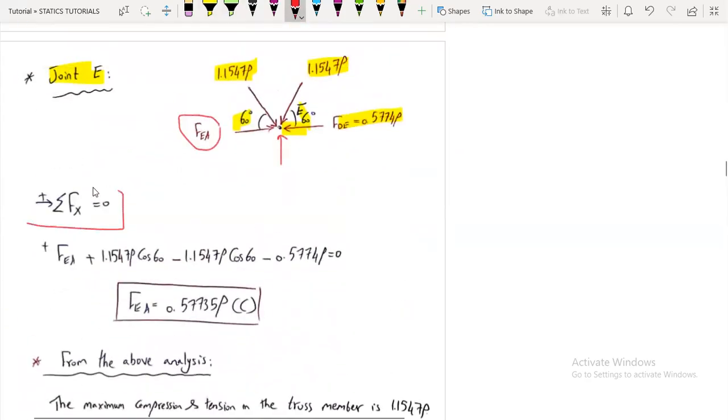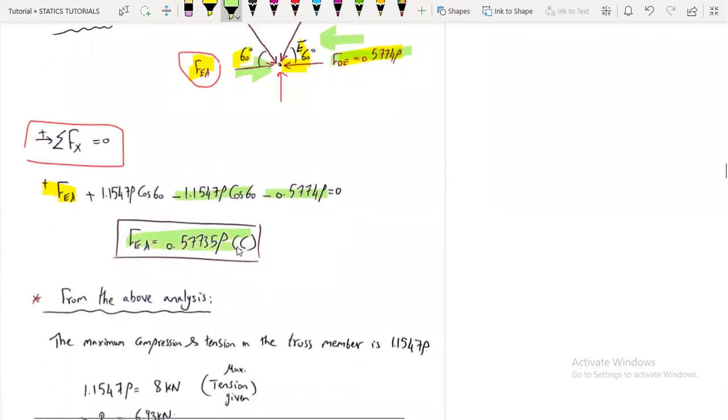So summation of forces in the x direction, we have FEA positive, plus 1.1547P cosine 60, minus the horizontal component of this force, which is minus 1.1547P cosine 60, and finally this force, which is a negative value, equals 0. We get FEA to be a compression force.